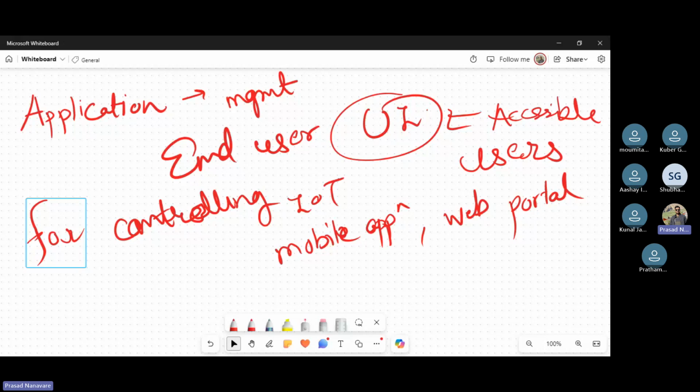It could also include middleware services that allow different IoT devices and systems to communicate and share information.